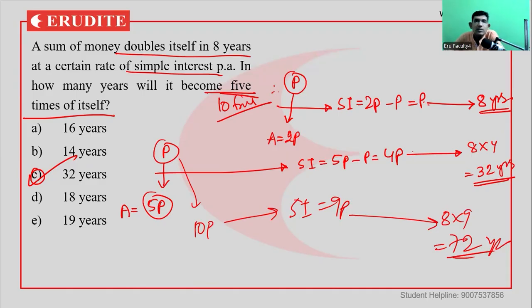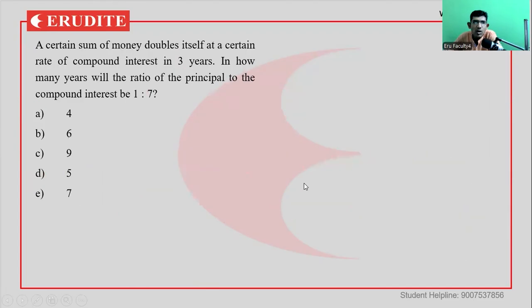All right. So next we take a similar example for compound interest. This is also a very common example. Now how to do it without any calculations, without any formula. It says a certain sum of money doubles itself at a certain compound rate in 3 years. In how many years would the ratio of principal and compound interest be 1:7?